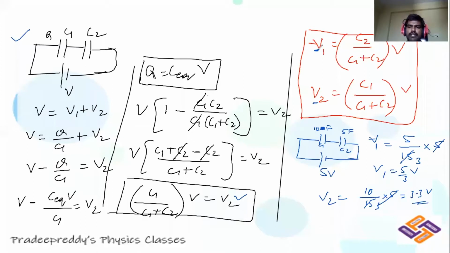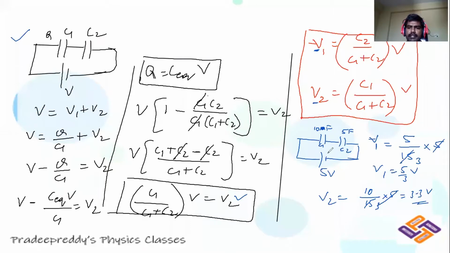Potential dropped across the first capacitor is C2 divided by C1 plus C2 into V. Potential dropped across the second capacitor is C1 divided by C1 plus C2 into V. Without finding charge, directly you can find the potentials dropped across each capacitor.